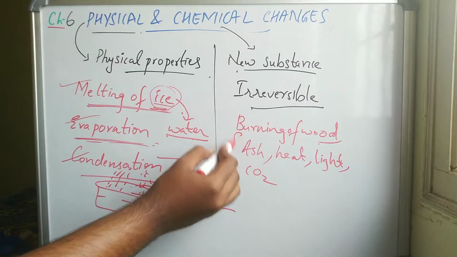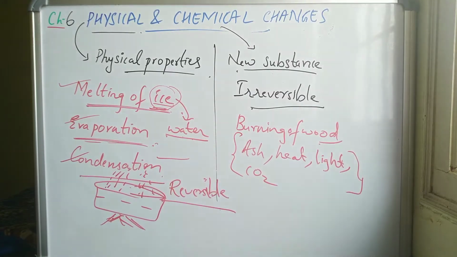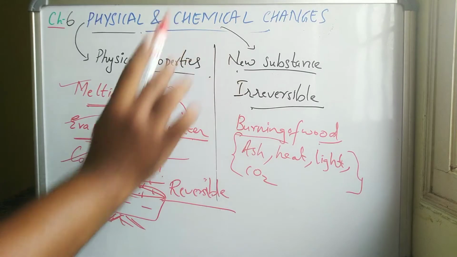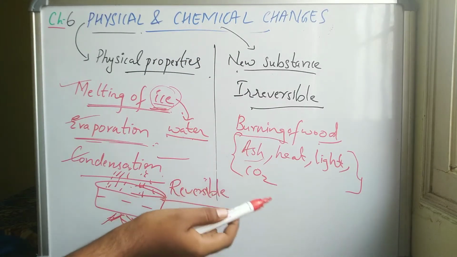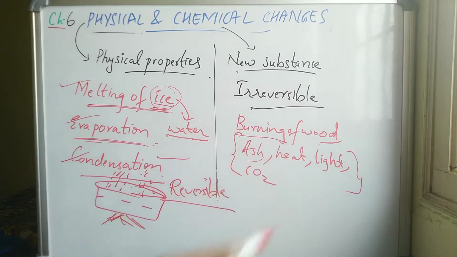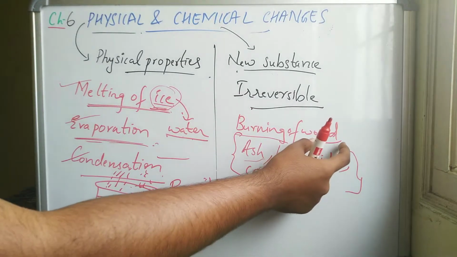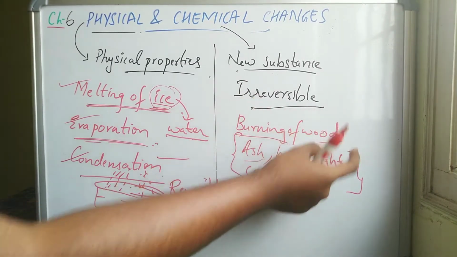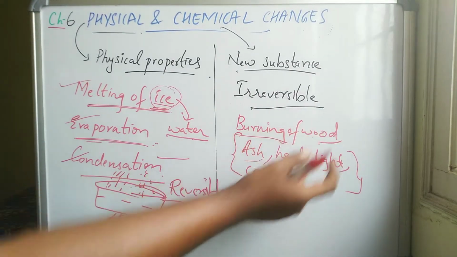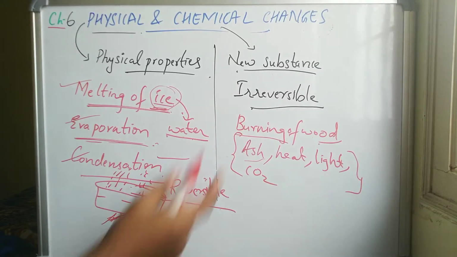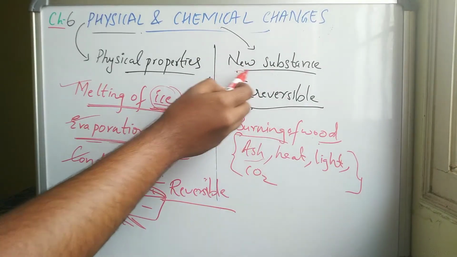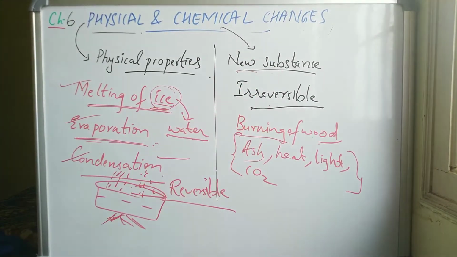These are all new substances that are formed. Basically, burning is a chemical change. It is irreversible. From ashes I cannot make the original substance again. So burning is a chemical change where new substances are formed and it is irreversible.